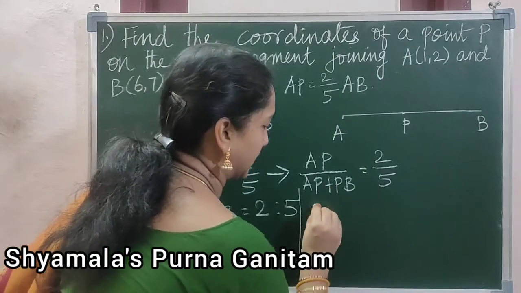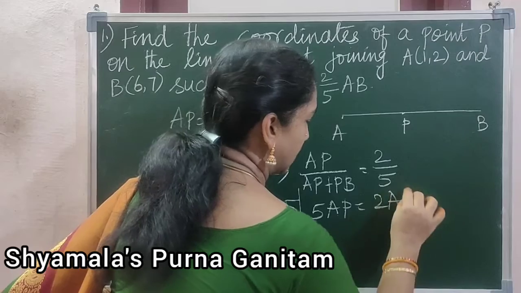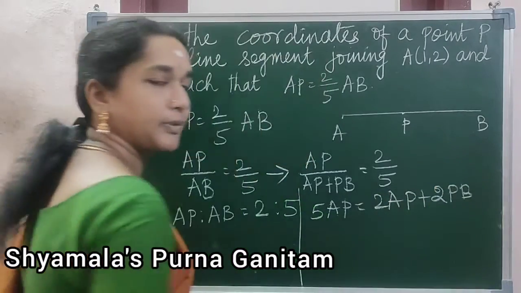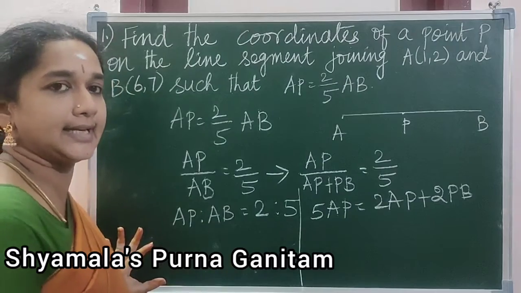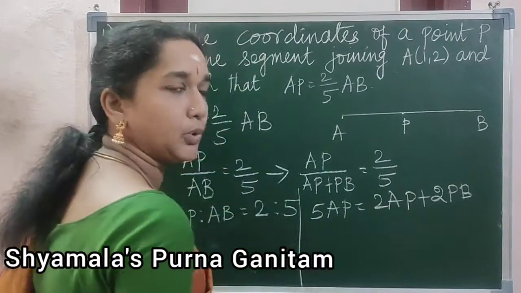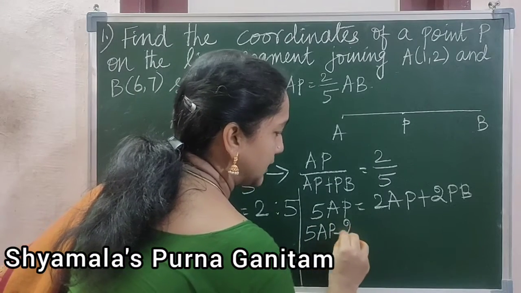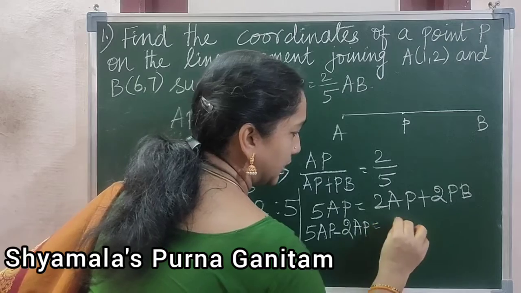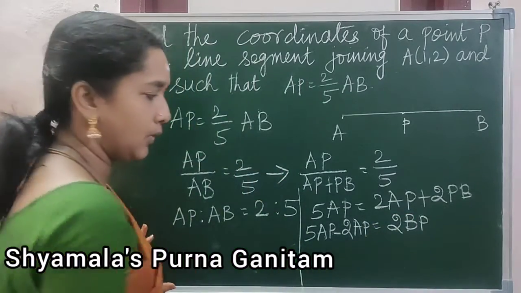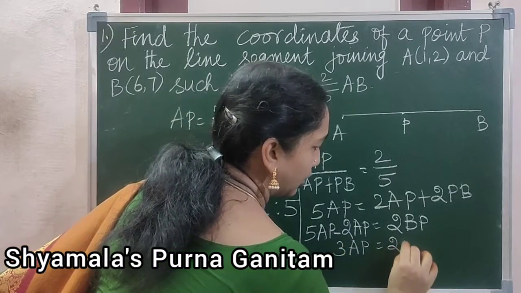Now I cross multiply. So 5 AP is equal to 2 AP plus 2 PB, or BP, since it is a line segment, anyway it can be written. Here you have 5 AP, here you have 2 AP. Bring it to one side. So 5 AP minus 2 AP is equal to 2 BP. So this is 3 AP is equal to 2 BP.